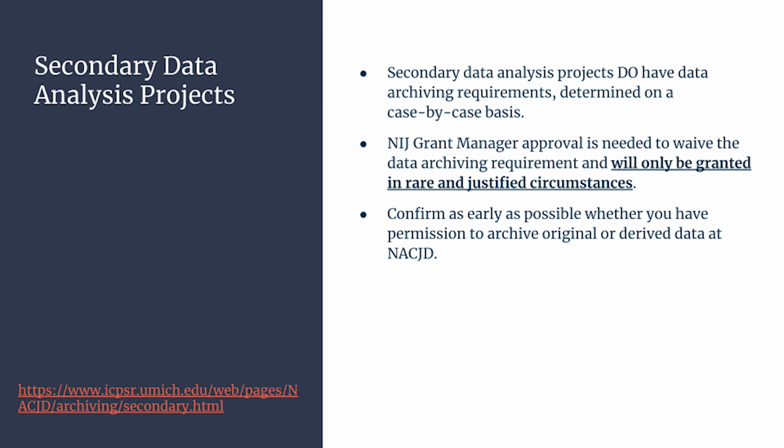You should confirm as early as possible whether or not you have permission from the original data producer to archive their data at NACJD. This includes the original data and any derived data, meaning newly created variables for your project. If you're entering into a memorandum of understanding or data use agreement with an original data producer, discuss archiving requirements at that time.